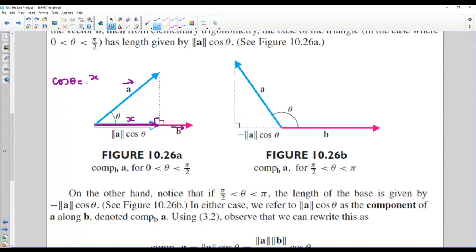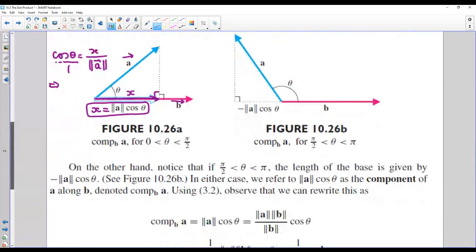So it's going to be x over the magnitude of A. Adjacent side over the hypotenuse. So from here, I can get the x. If you cross multiply, the x is actually equal to the magnitude of A multiplied by cosine theta.